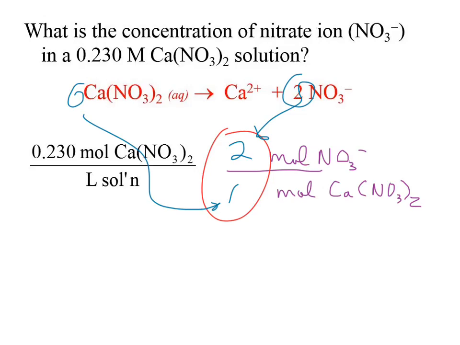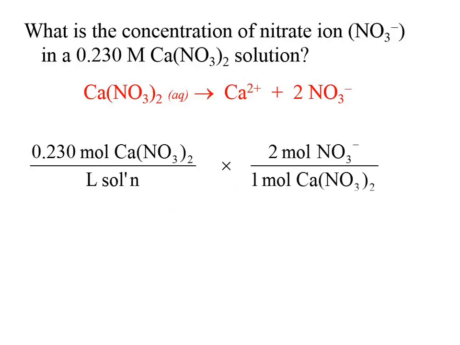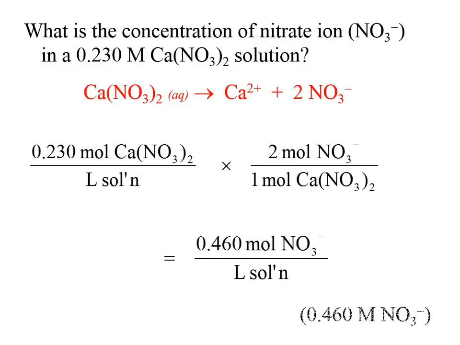So then if you do it that way, your moles of calcium nitrate, Ca(NO3)2, will cancel. You're left with moles of nitrate per liter of solution, which is molarity.